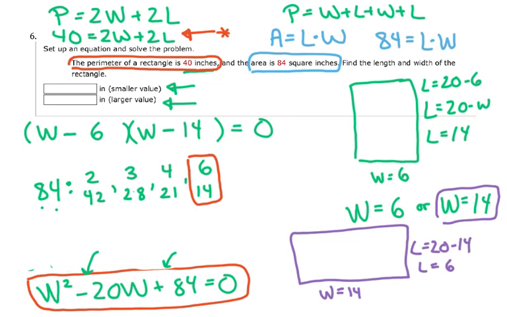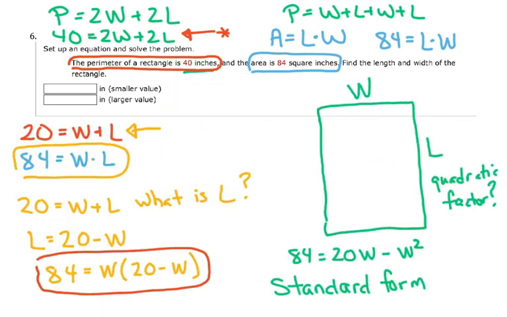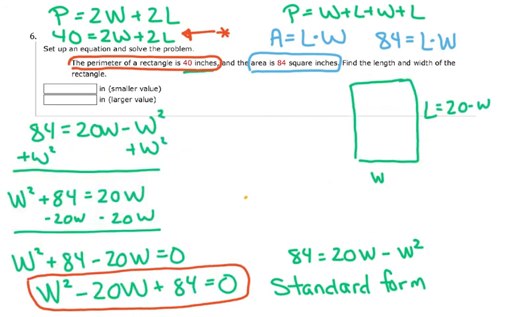And back here at the beginning, you could have taken this and said W equals 20 minus L. It doesn't matter which one you solve for. You will still get the right answer.